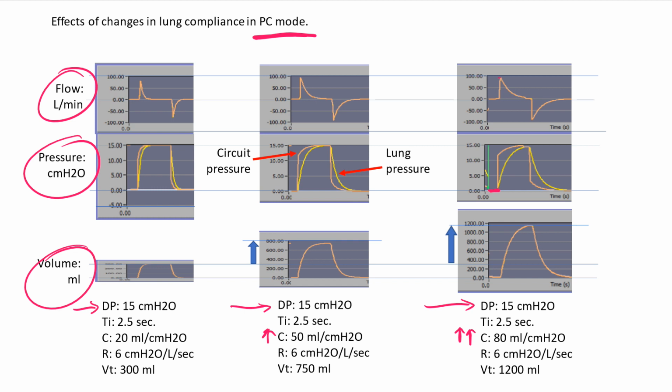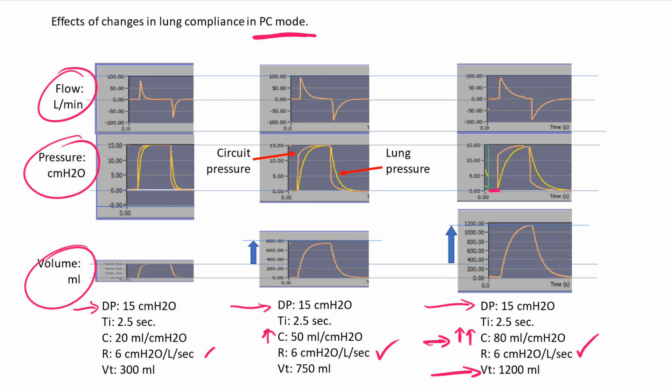And of course, if you look back the other way, you can say I've decreased the compliance. I've kept the resistance the same because that's about similar to the resistances we'd find on the endotracheal tube. So needless to say, as compliance increases, we see for the same pressure gradient an increase in tidal volume. And we can see that distributed here.